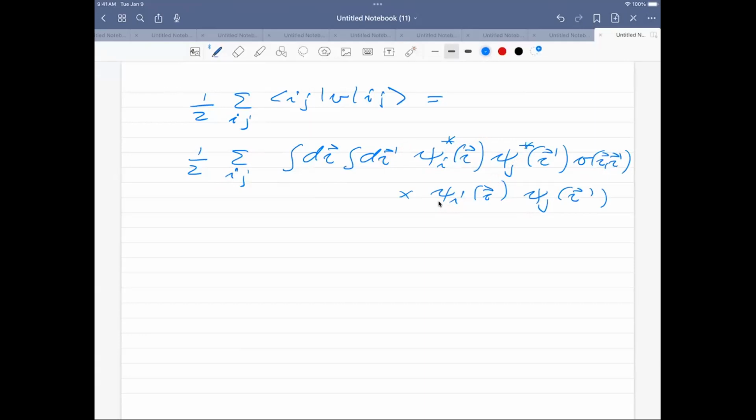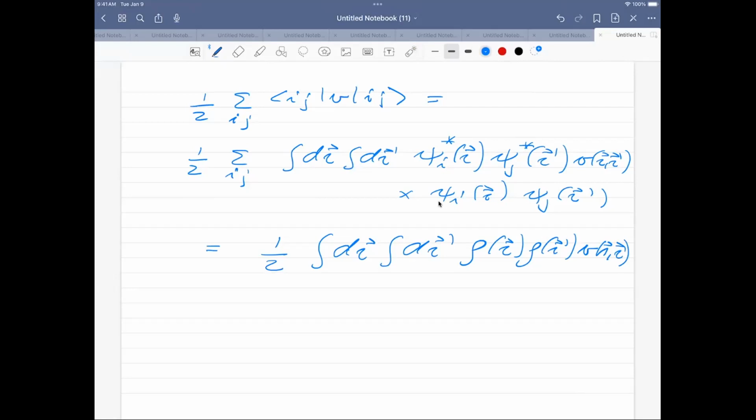So that means that we can rewrite this equation as 1/2, and then we have an integral over d of r, an integral over d of r prime, and then I have this rho of r, rho of r prime, multiplied with v of r, r prime. So the direct term can actually be written out as a function of the densities.